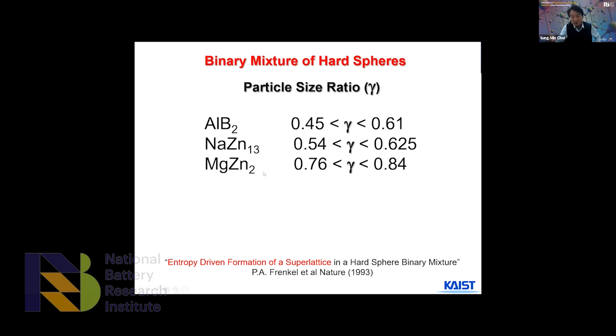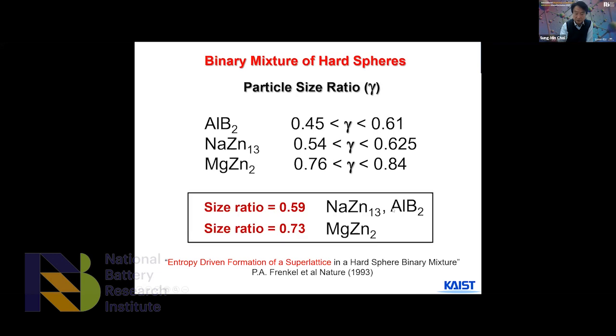It is well reported in the phase diagram that, depending on the size ratio, when the size ratio is 0.5 to 0.61, the AlB2 structure is preferred, to minimize the free volume entropy. In other size ratio ranges, it is NaZn13, AB13, and this MgZn2 type structure, depending on these structures.